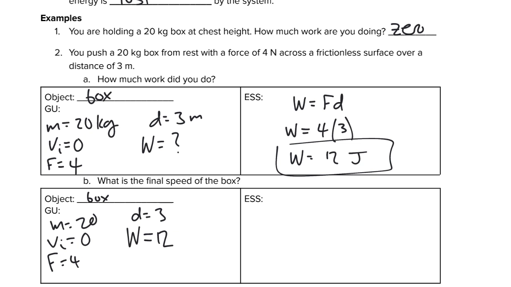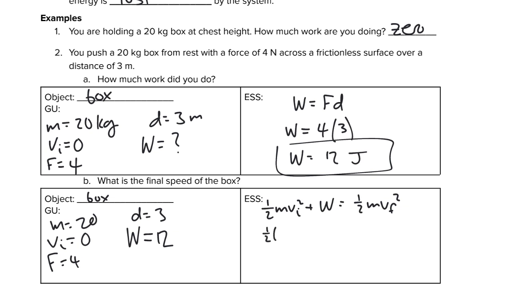So what we need to do here is go back to our old work kinetic energy theorem, which is 1/2 m vi squared plus W equals 1/2 m vf squared. Because we're dealing with kinetic energy, this box is moving from rest and speeding up, and we're doing work on it, and we're looking for a final speed. So we're moving back to that old theorem from a few days ago.